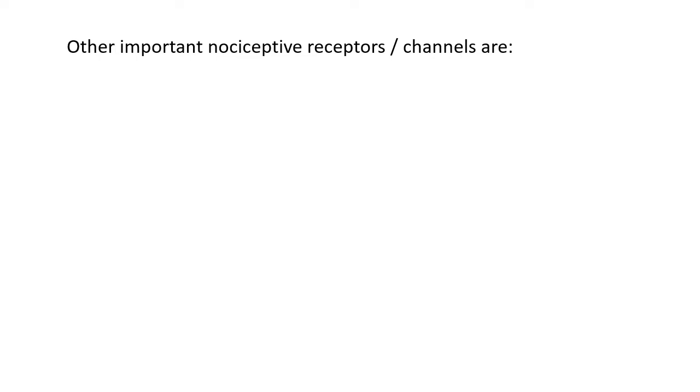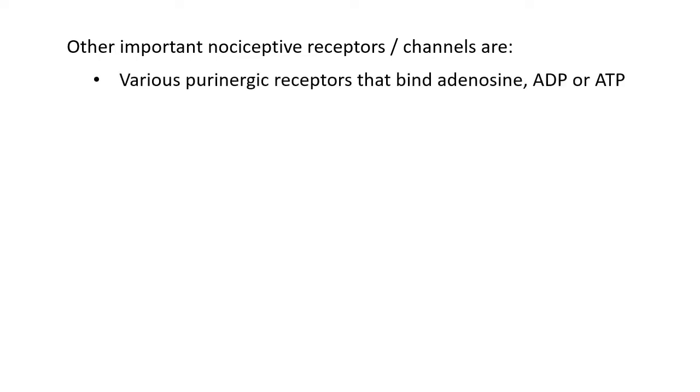In addition to TRP channels, there's a couple of others. ATP and adenosine may be released from cells under certain conditions. They can then bind to purinergic receptors to transduce or cause pain. The receptors are either G protein coupled, metabotropic receptors, or they're ionotropic receptors on cation channels.